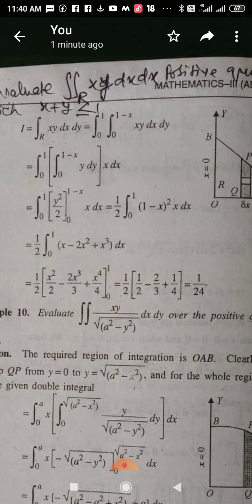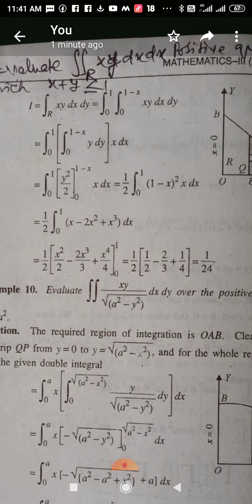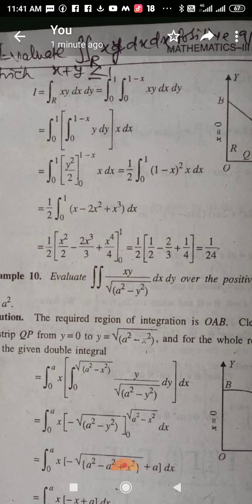Now we have a function only in the variable x and we have the limit of x. So this function can be integrated only with respect to x, because this function is only in the x variable. So 1 by 2, integral 0 to 1, squaring and multiplying with x, this gives the polynomial x minus 2x square plus x cube dx.